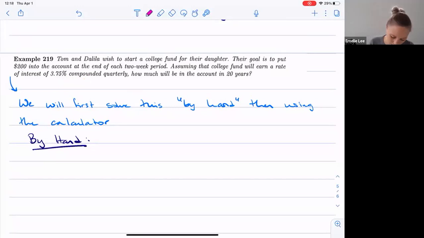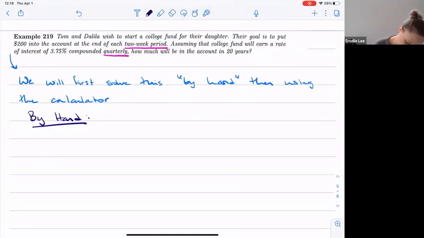So my compounding frequency is quarterly, and the 2-week period is bi-weekly. Finally something different here: the compoundings per year is 4, and the payments per year is 26.